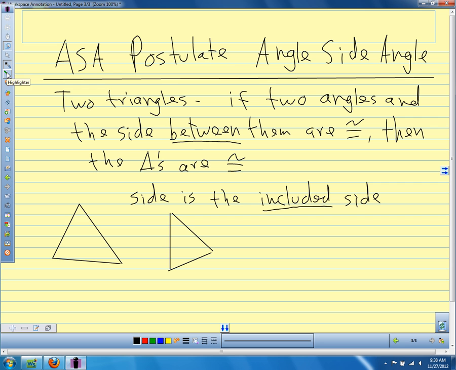And for angle side angle, I would have my triangle look like this. No, I did side angle side again. Sorry.